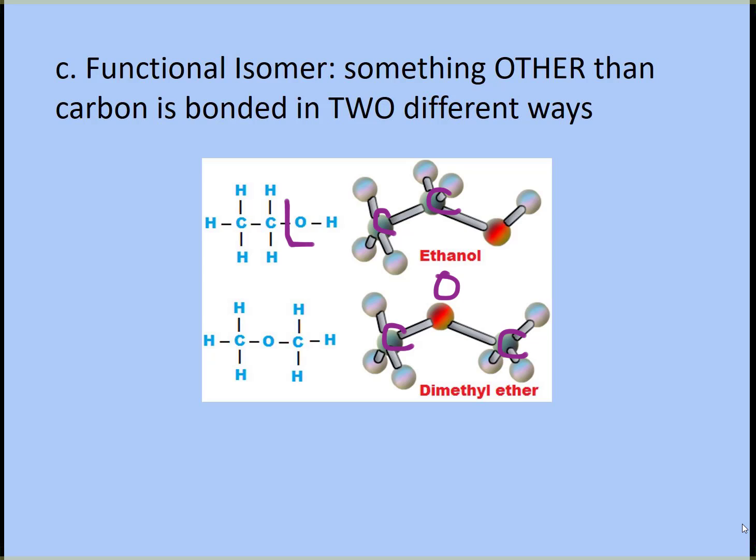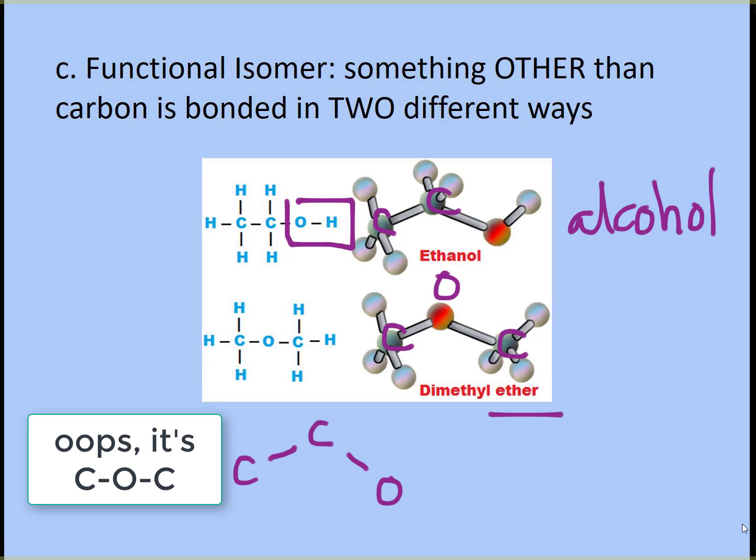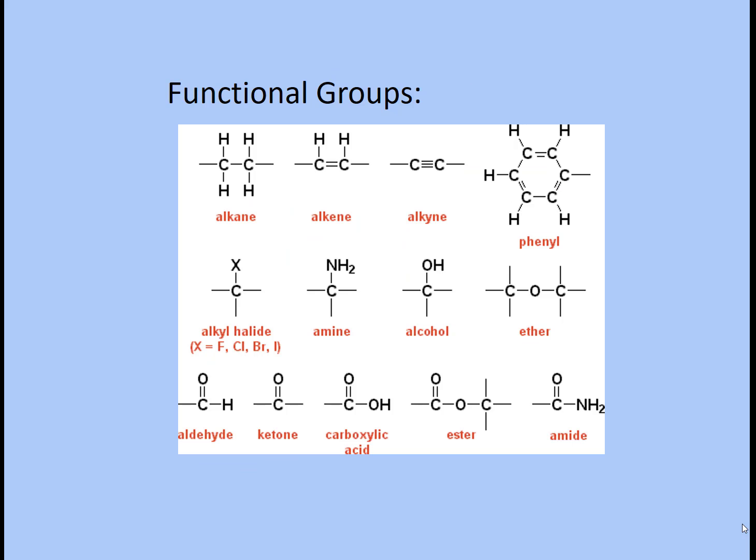So this little OH group, this is an alcohol. And when you have this little O in the middle of a carbon, then it's called an ether. The alcohol will smell like alcohol, and the ether smells sweet.